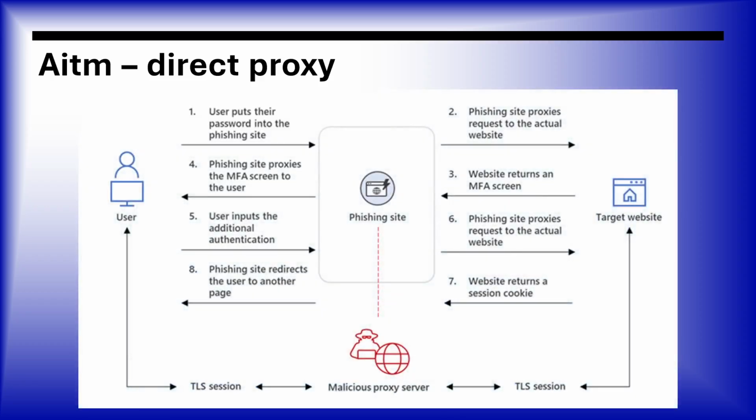So AiTM, Adversary-in-the-Middle, is this problem. In the old times, a couple of years ago, and attackers are still rarely using this, when they set up a phishing website, they have to create the website themselves. They create a logon page, fake Microsoft logos, stuff like that. And when you enter your credentials into the website, you're not actually logging into the real website.